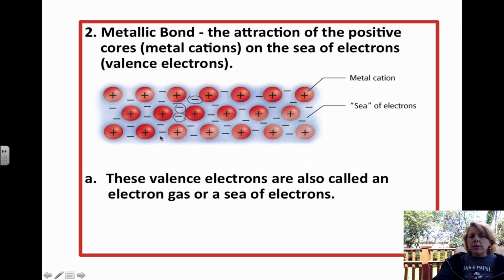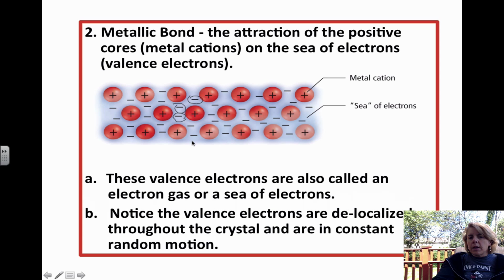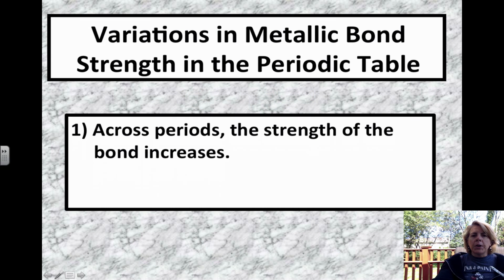And essentially, these electrons, we call that the sea of electrons. Because of that, it's very hard to break a metal. Now, you can break it. I'm not saying it's not possible, but it takes significant work or force to actually break a metallic bond.